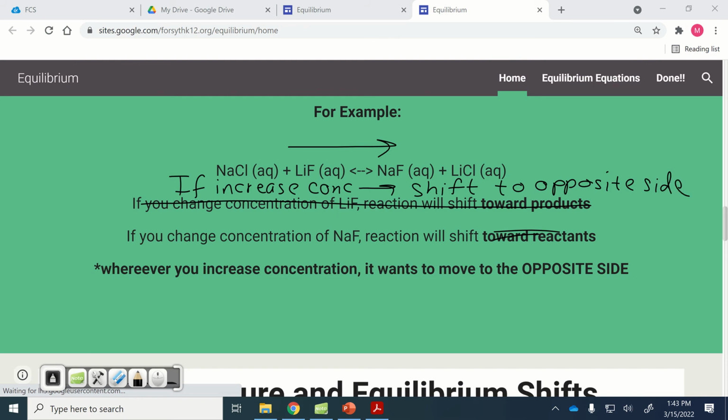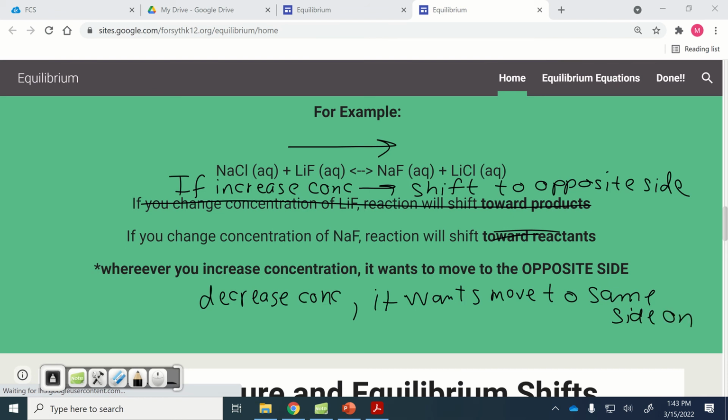I actually have that statement written right down there. If I decrease concentration, it wants to move to the same side you're on.